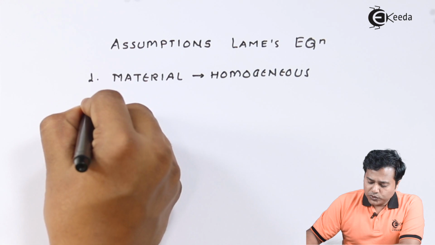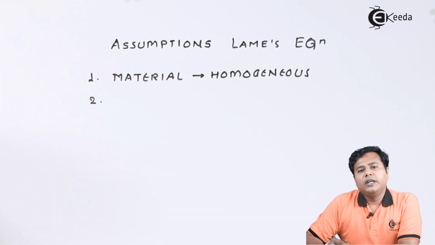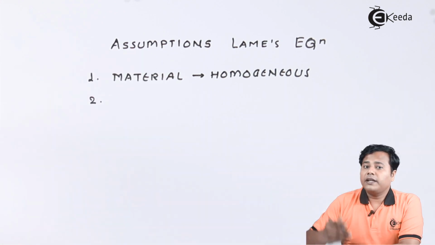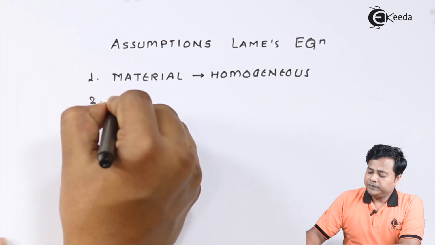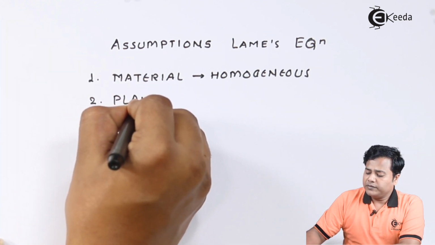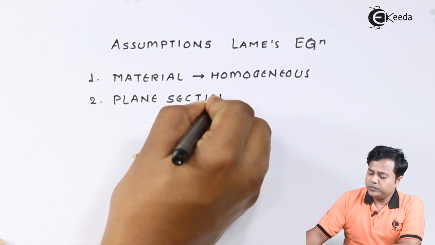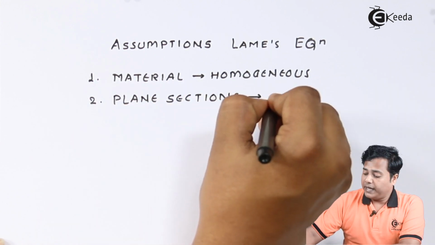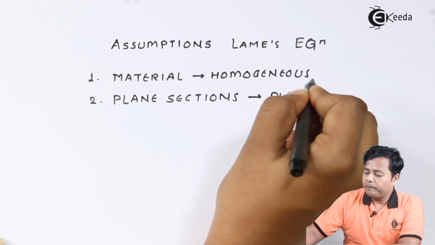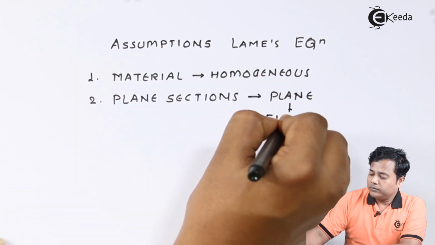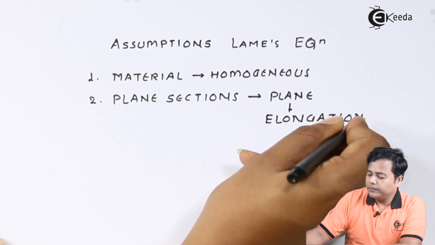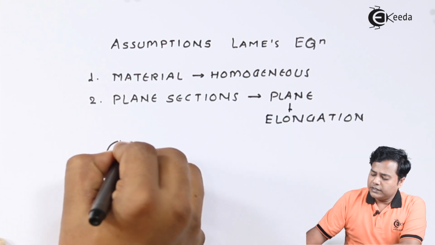A second assumption goes with this: the plane sections. If I take the section of a cylinder, the plane section remains plane even after the elongation. Which means, let us consider a cylinder.